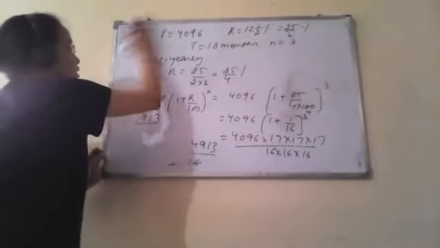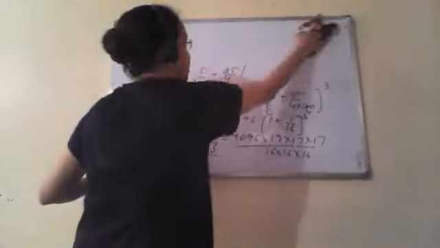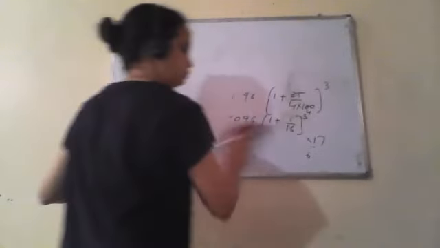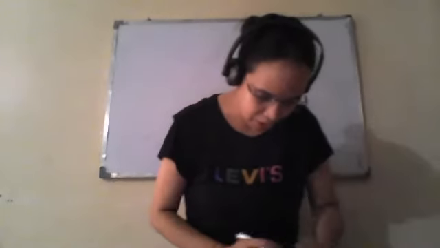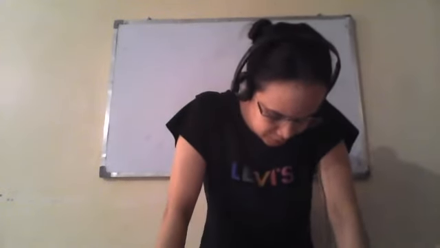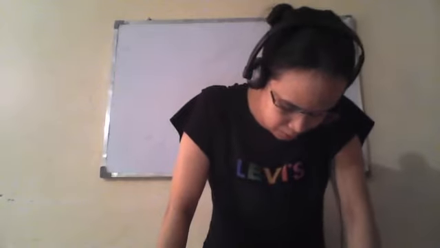Now question number 10. Question 10 says: population of a place increased to 54,000 in 2003 at the rate of 5% per annum. Find the population in 2001 and what would be the population in 2005.